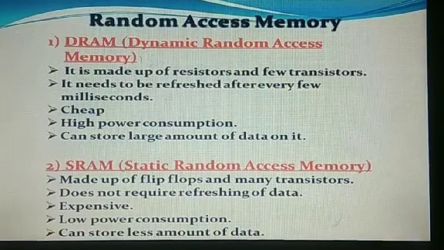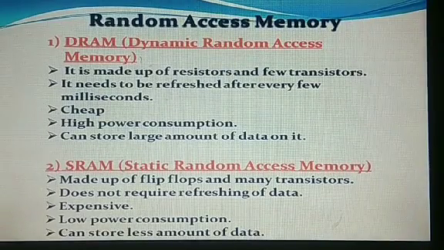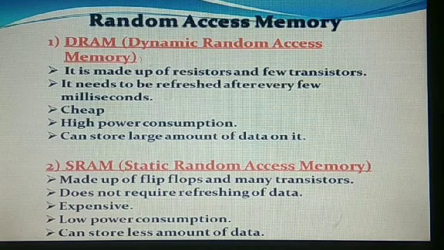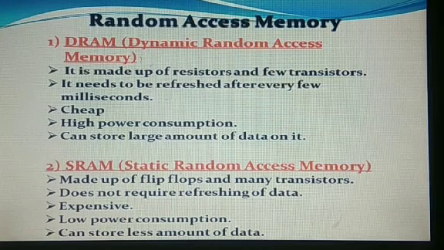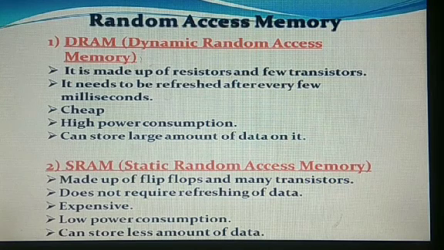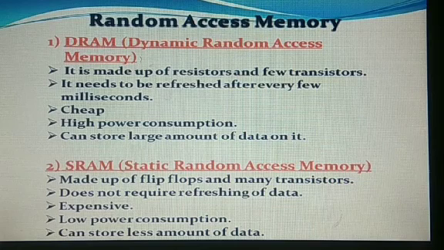Next you can see there are 2 types of random access memories, that is DRAM and SRAM. DRAM is actually dynamic random access memory. What is that? Whatever data is present on this DRAM, it loses its strength off and on.